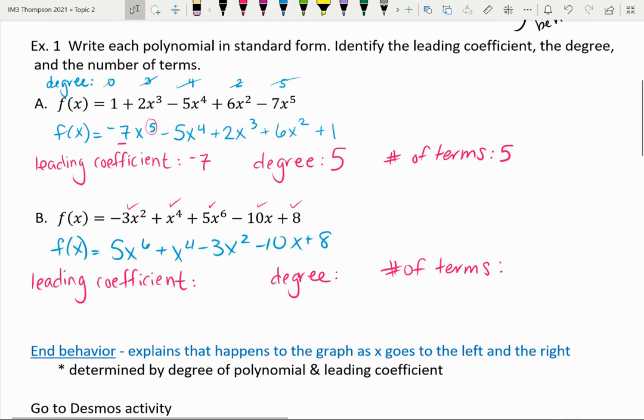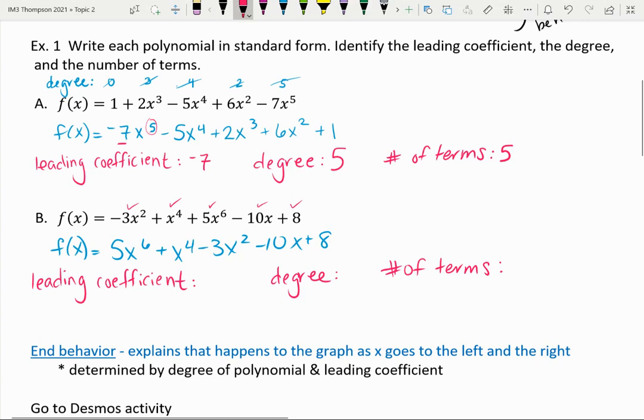Cool. All right. So if it's written in correct standard form, I'd have f of x equal to 5x to the 6th plus x to the 4th minus 3x squared minus 10x plus 8. So just double check that you're all good on the answer that you put down on your page. All right.